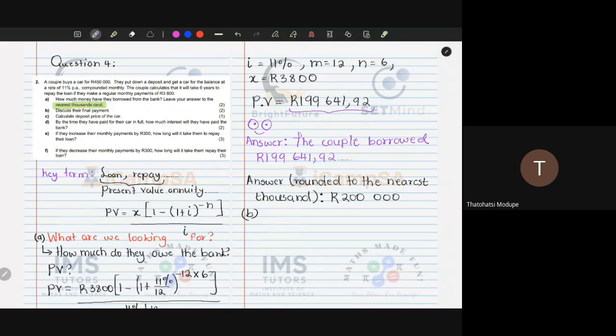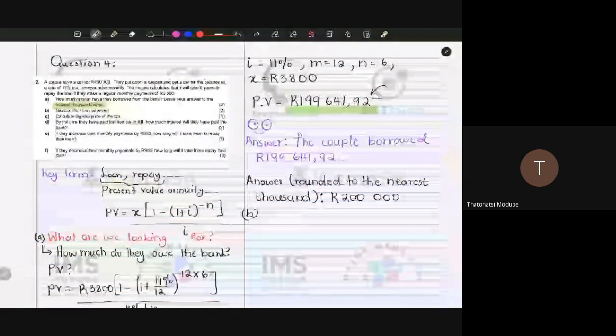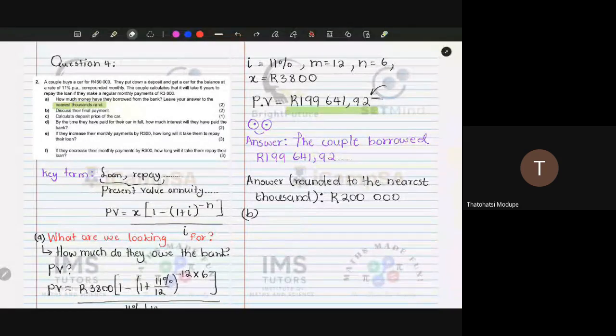But if the bank chooses to round off the amount you owe to 200,000, do you see that the amount is now slightly more than what you would pay off if you were at 119? So it means the last payment must be slightly more than 3,800, because at 3,800 it would work perfectly if this is the amount. But the bank chose to round off the 600 and made it 1,000. So we need to pay slightly more on the last payment.